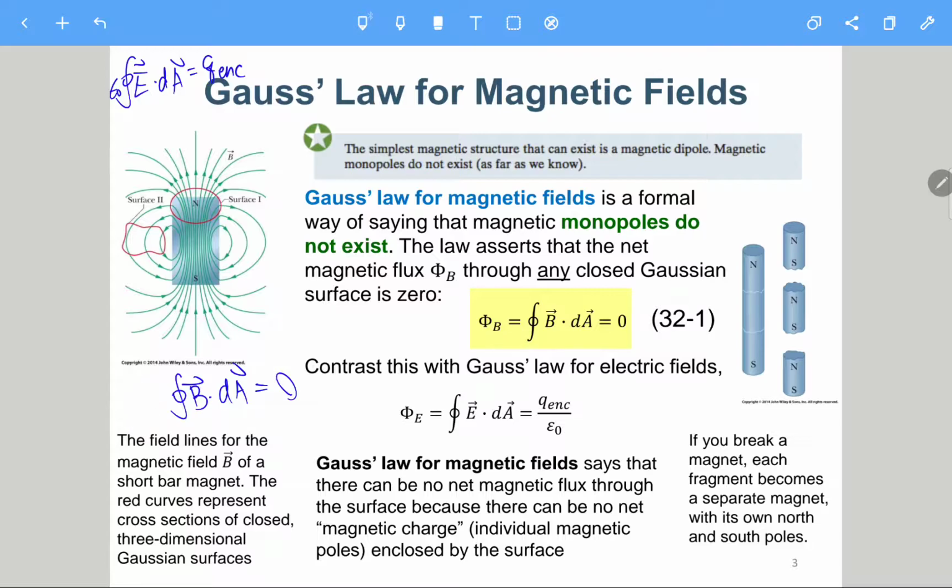So it turns out to be like this. So it doesn't need the term 1 over mu naught here. Or you can also divide by epsilon naught on both sides, so that the left hand side is the surface integral, the right hand side is Q enclosed over epsilon naught. For the magnetic field, we don't have magnetic monopole, so we have only 0 on the right hand side.